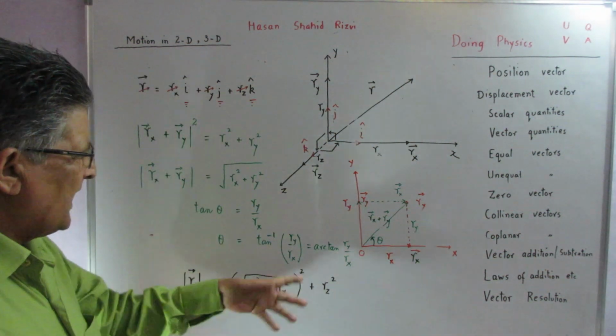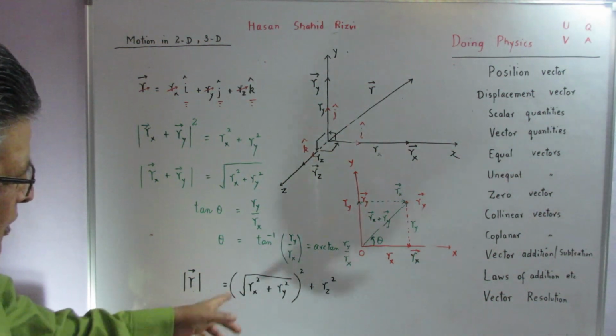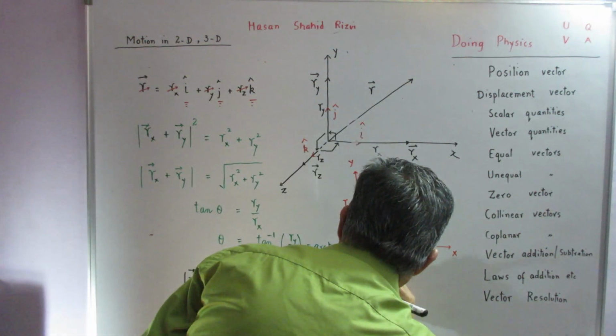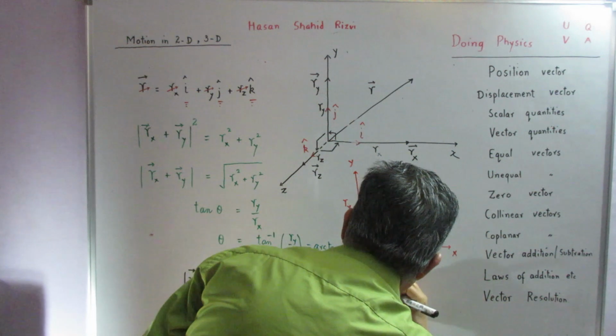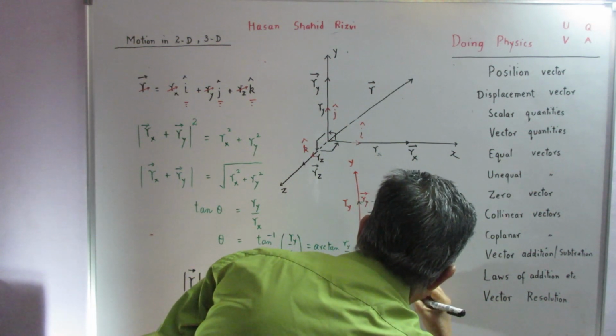And we can also find the angle between this Rz and this direction, and so on. So this will turn out to be equal to Rx square plus Ry square plus Rz square.